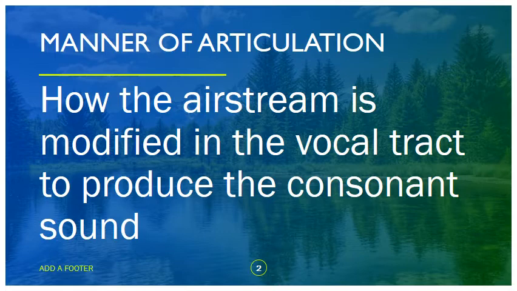So what is the vocal tract? We have already discussed it over and over that the vocal tract is the human speech organs, such as the oral cavity and inside the oral cavity and the nasal cavity.